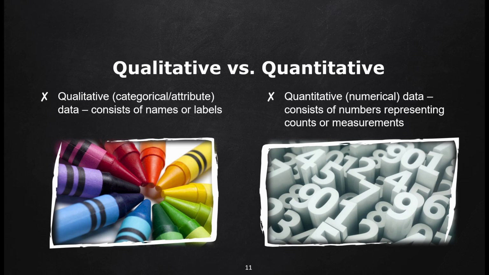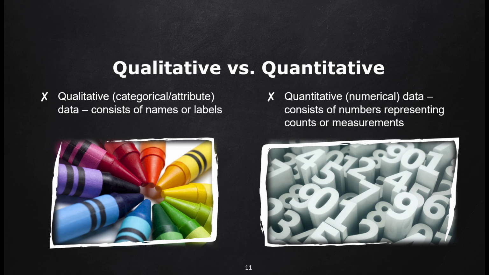It basically consists of just names and labels. Say, for example, I ask you, what's your favorite color? You may like red, you may like green, you may like periwinkle. That's a nice color.